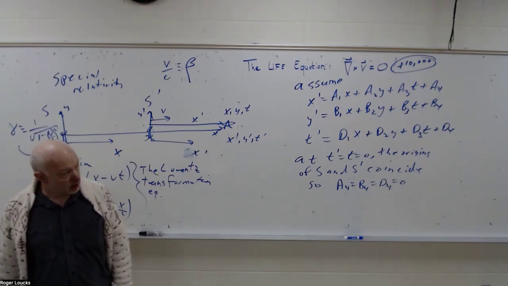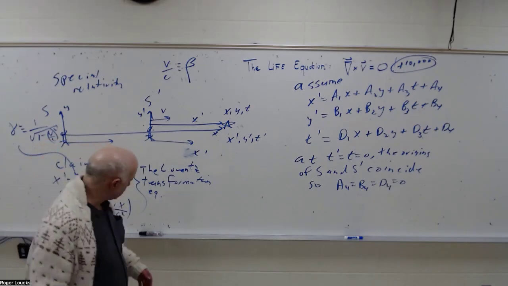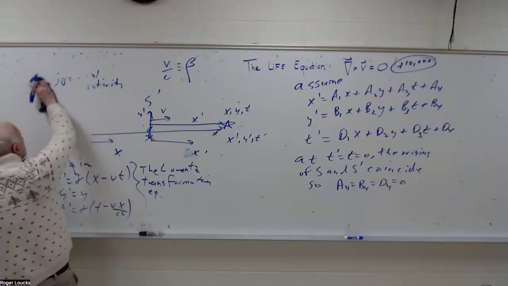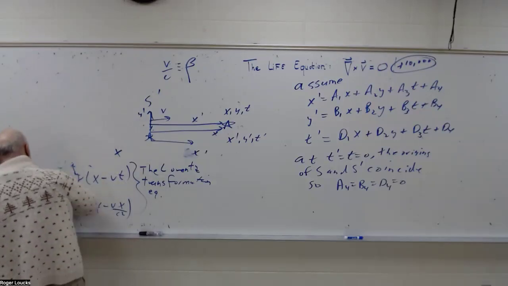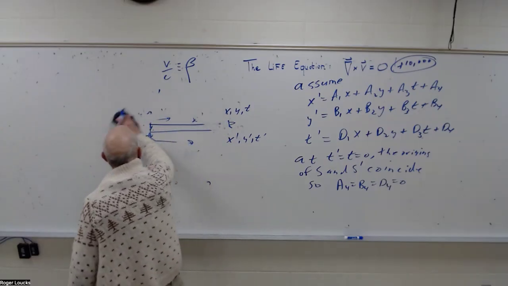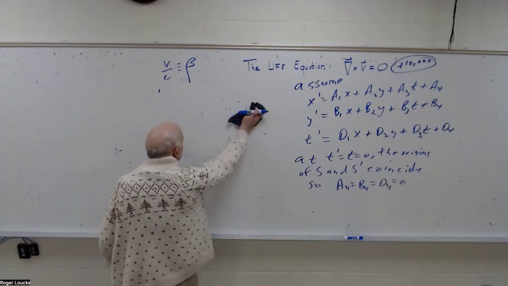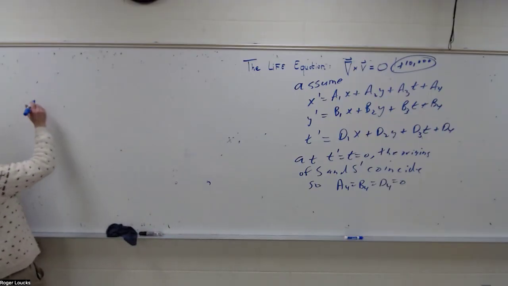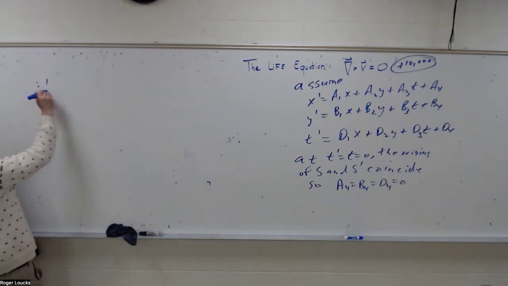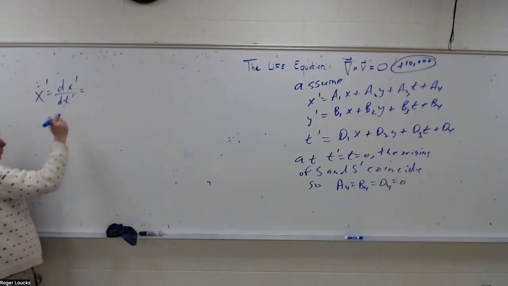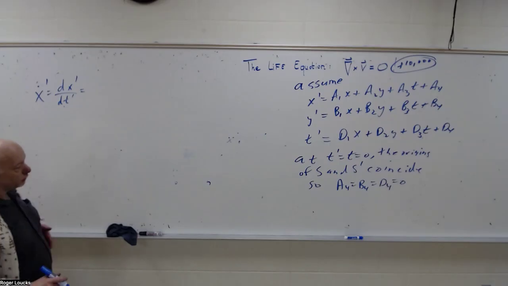Okay. And then we set up the velocity equations. So the velocity equations, we said that x dot prime equals dx prime over dt prime, and then we took the differential of these things.